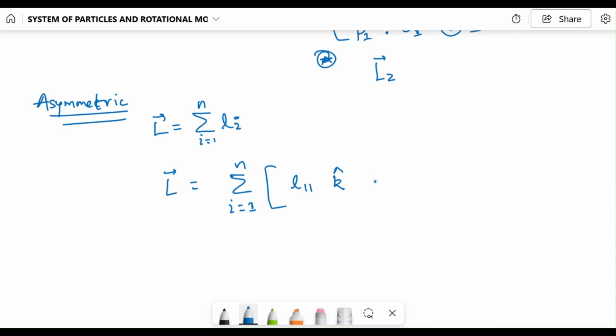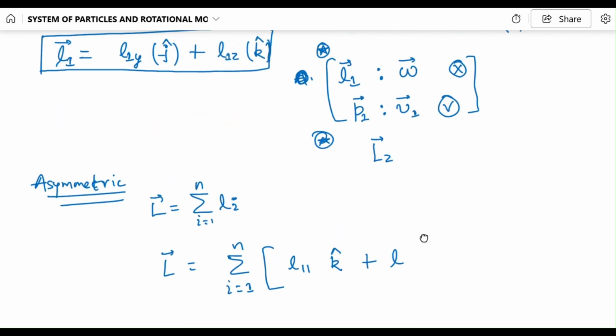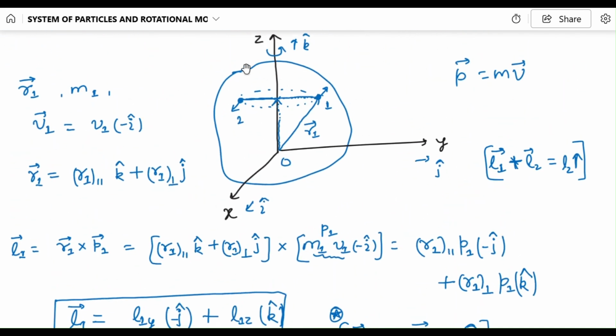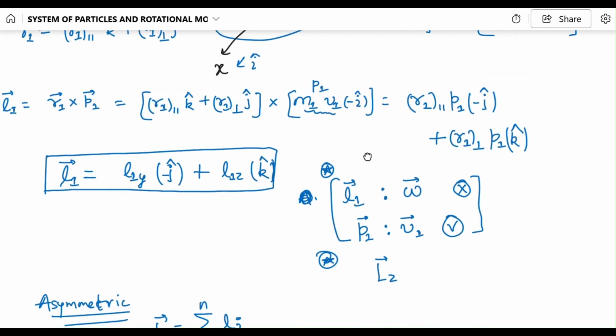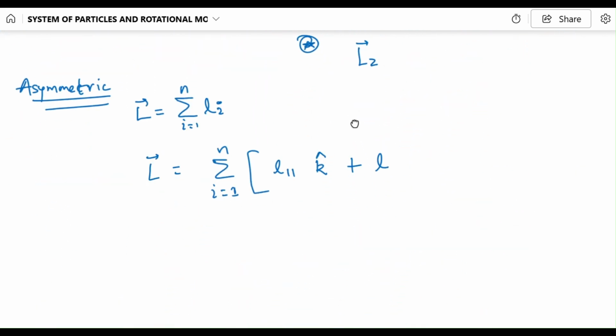If it is clockwise rotation, it will be minus k cap. Here we have anti-clockwise rotation of this rigid body viewed from the top, so its angular momentum is along k cap. It may be minus k cap if the body rotates in the opposite manner.